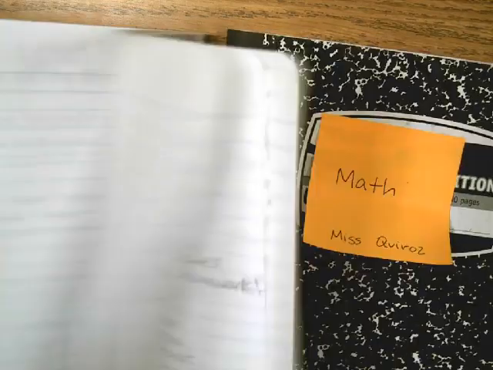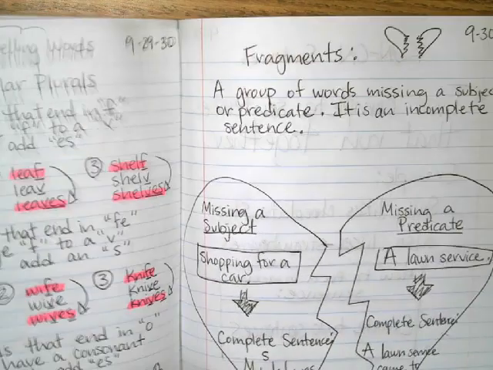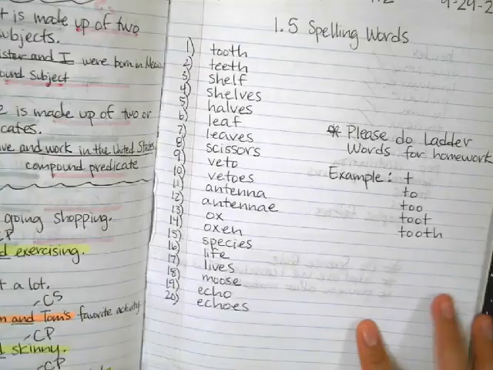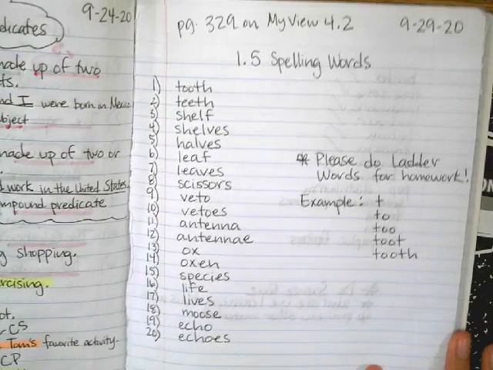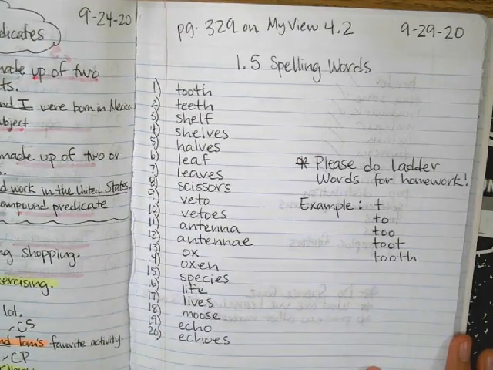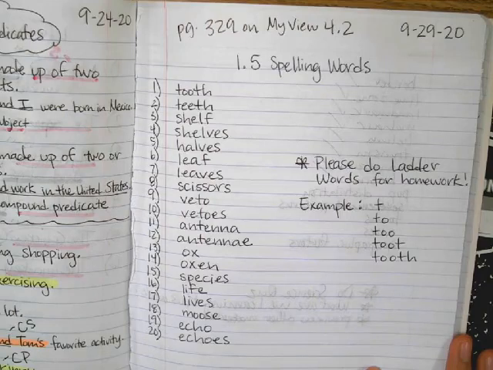And then I showed this week's work. So yesterday you all should have written your spelling words, 1.5 spelling words. Again, they're irregular plurals. Some of them have rules, and others don't.